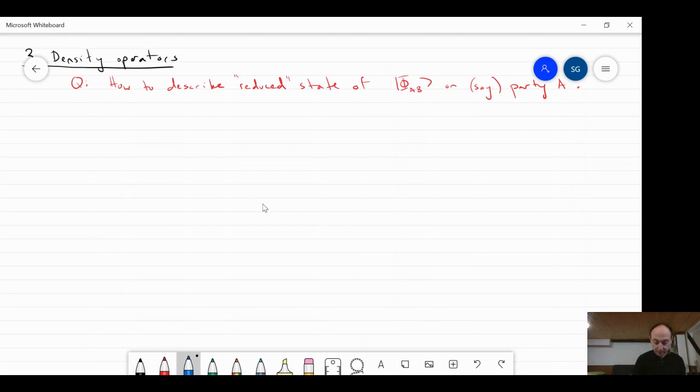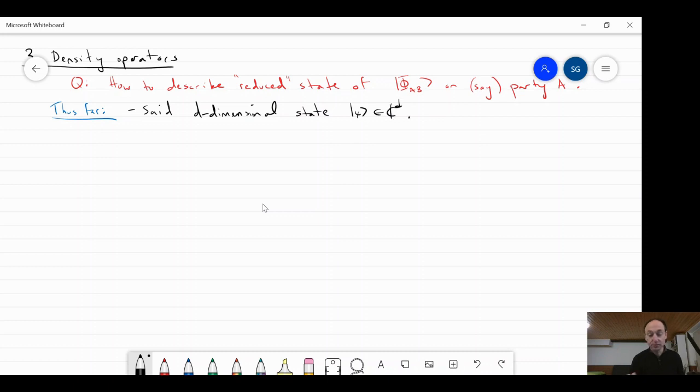So thus far, what did we say? We said that a d-dimensional quantum state psi is in C^d. That's basically what we've been preaching this whole time. There's nothing false about that.